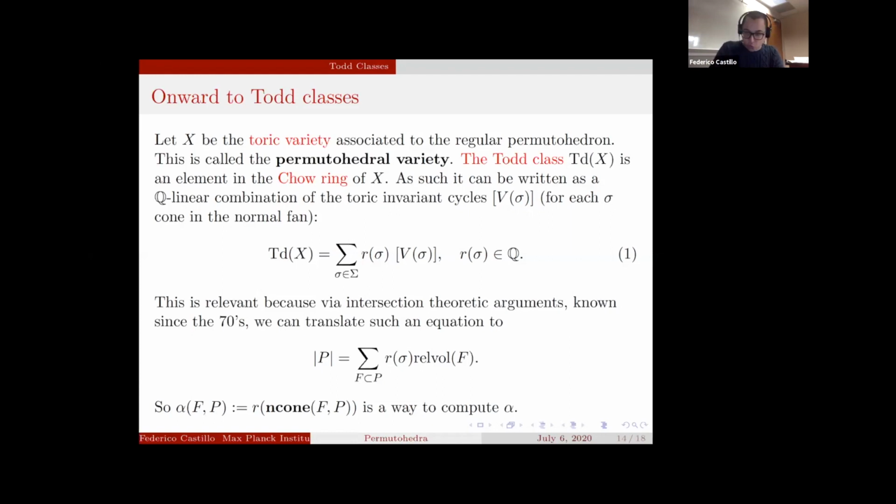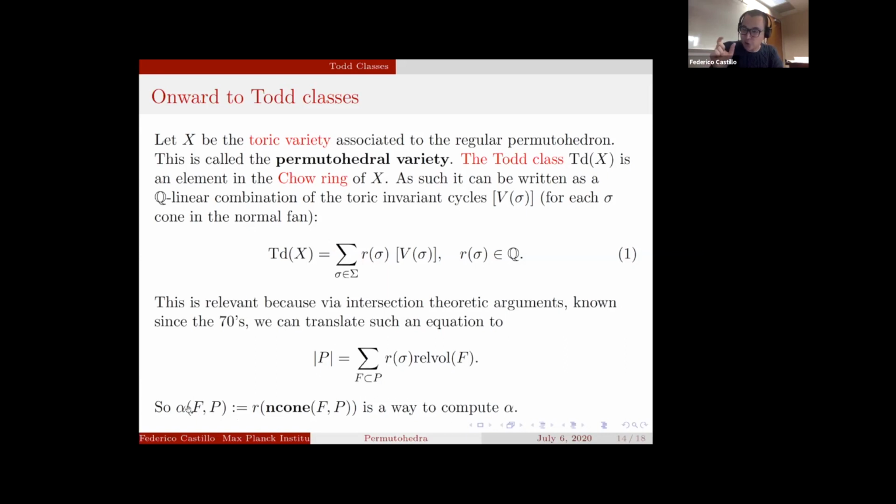But the point of doing all of this is that via some non-trivial intersection theory arguments, which were well known in the beginning of the history of toric varieties, all of this is already known in Danilov's survey from the 70s. If we could compute the Todd class, the coefficients that we get using this generating set will give us, at the end of the day, one way to compute these alphas.